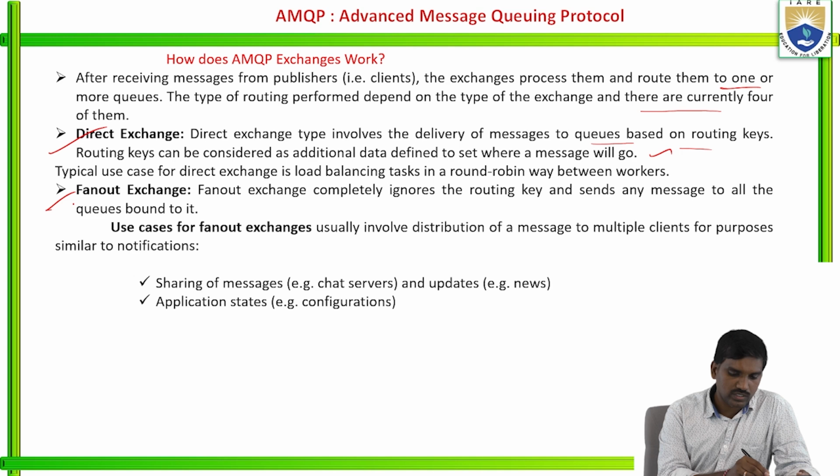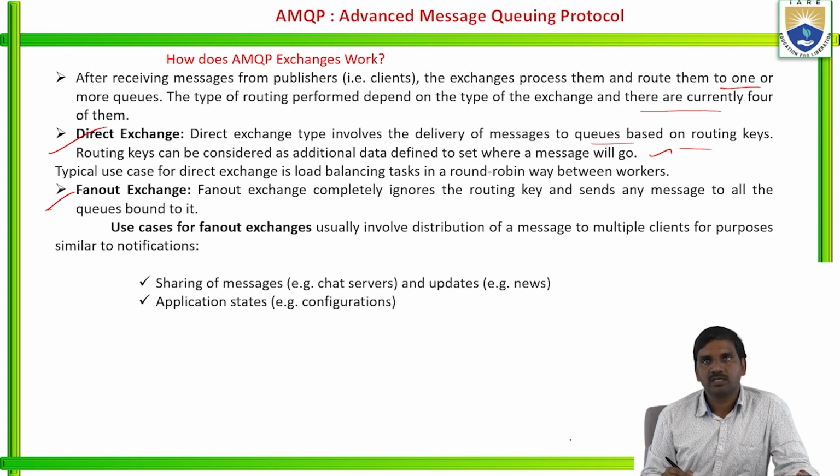Fan out exchange. Here the fan out exchange completely ignores the routing key and sends a message to all the queues bound to it. Use cases for fan out exchanges usually involve distribution of a message to multiple clients for purposes similar to notifications, and sharing of messages and updates, application status, for example configuration.